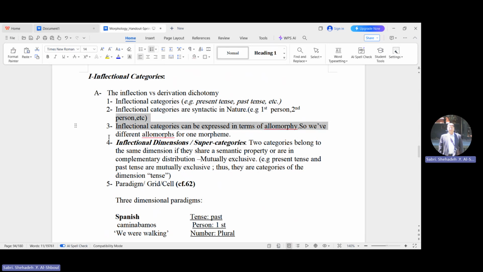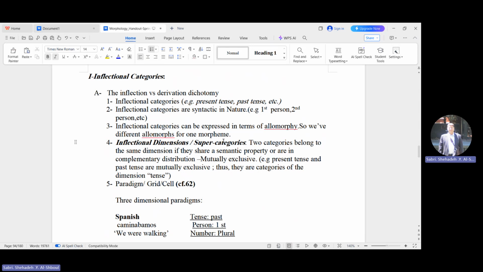So inflectional categories can be expressed in terms of allomorphy. For example, when we have dogs, cats, churches, we have the plural number marker s. It is inflectional because it reflects number, plural.